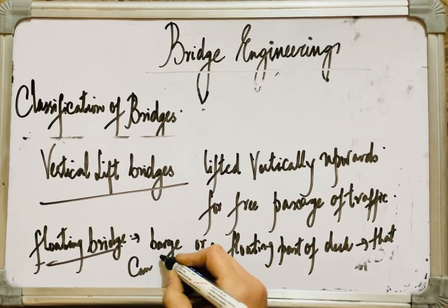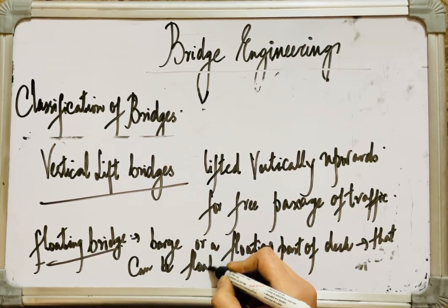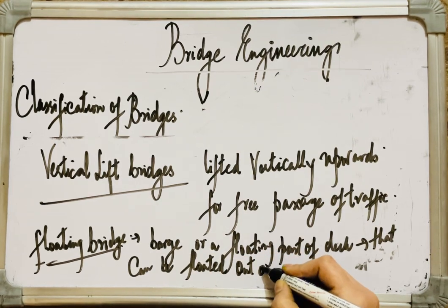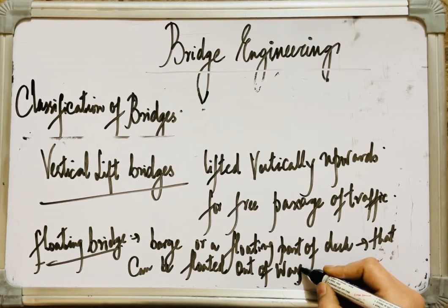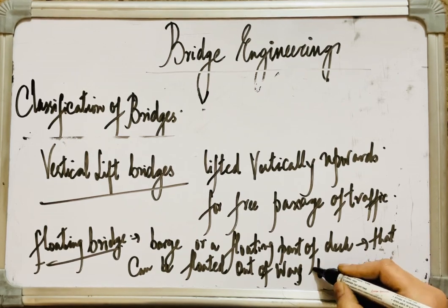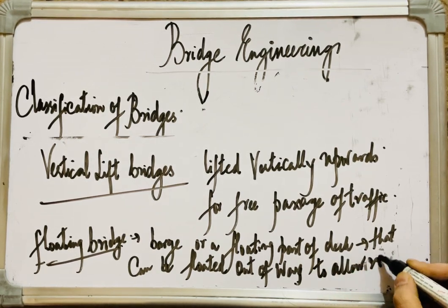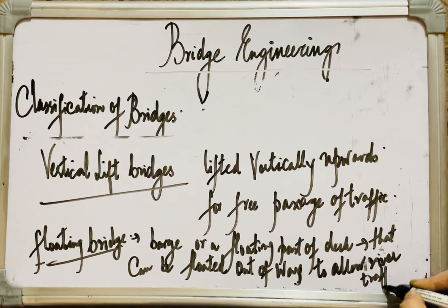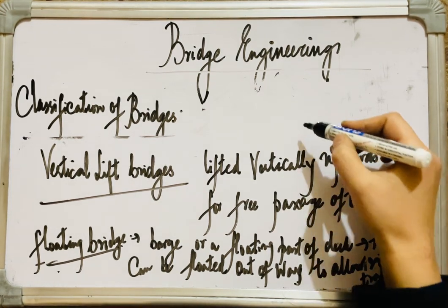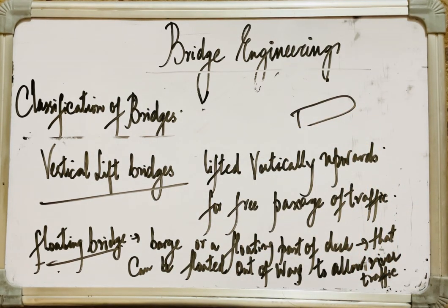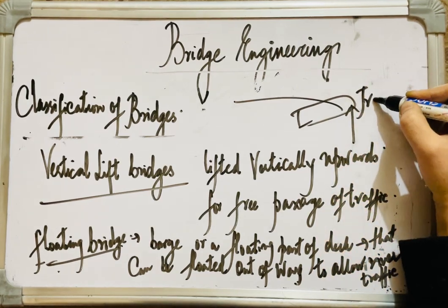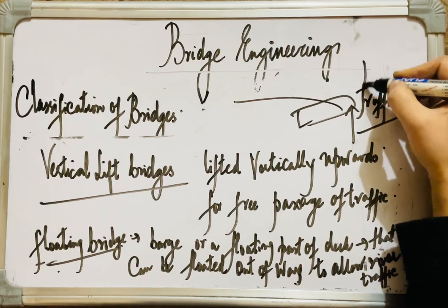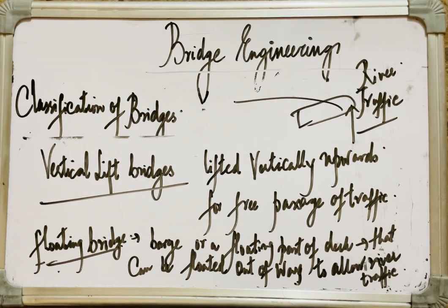This is that type of a movable bridge, wherein the bridge deck consists of floating structures or barges which can be floated out of the way just to allow the river traffic to pass by. So this was the classification based on the method of clearance for navigation.